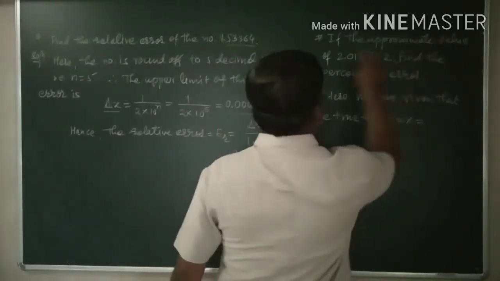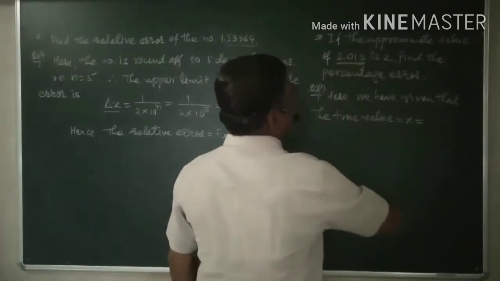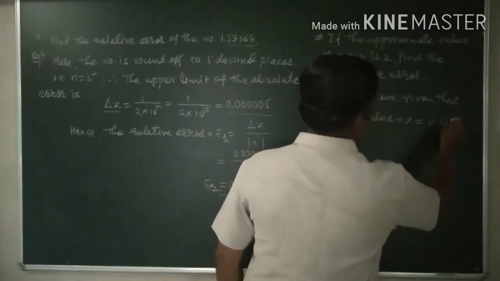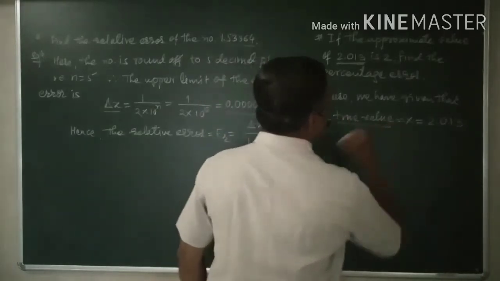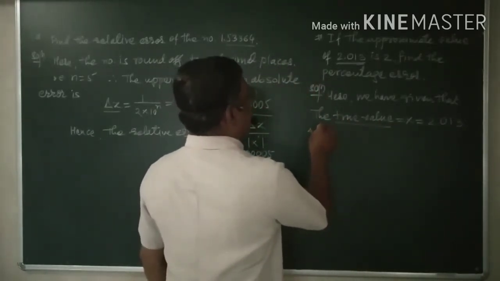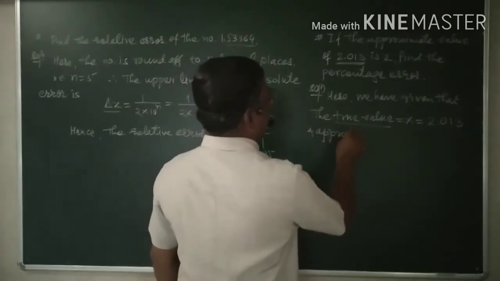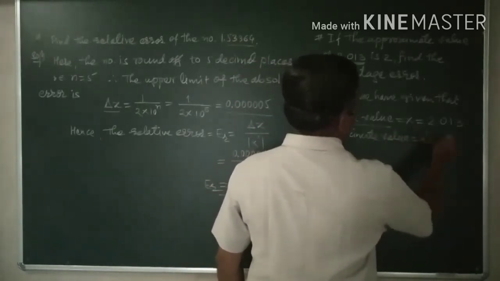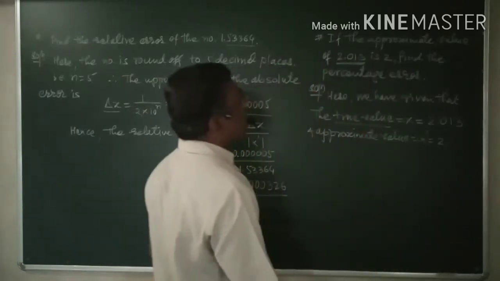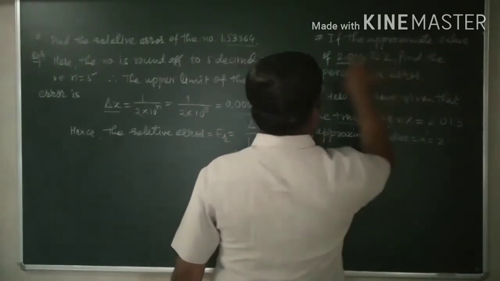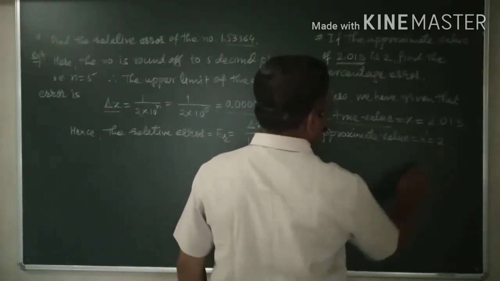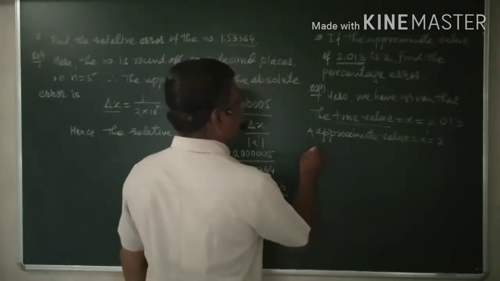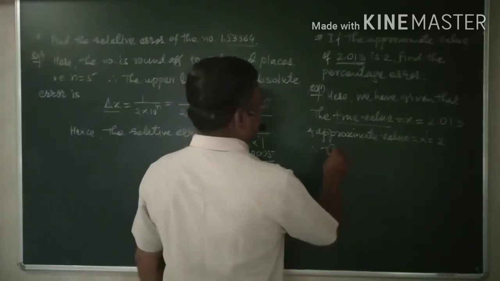The approximate value, x dash, is 2. Therefore the approximate value is 2, and the true value is 2.013. And now let us have the absolute error.